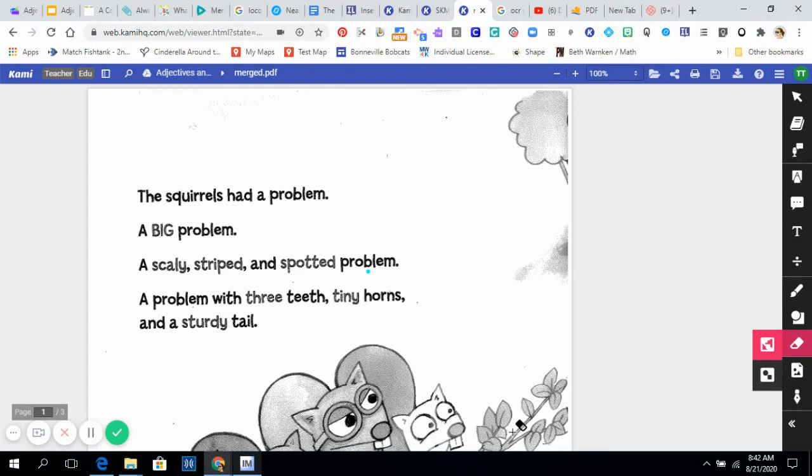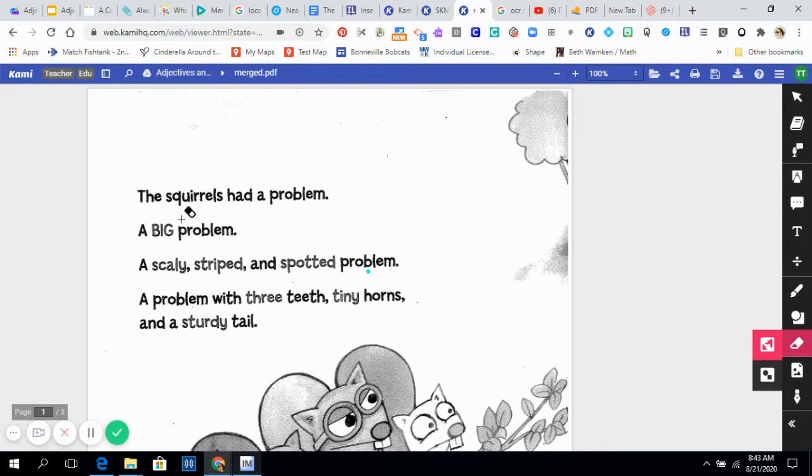Now I'm going to go back and reread this part, and I am going to be listening for describing words that will tell what something looks like, sounds like, tastes like, smells like, or feels, or it's going to tell more about the action. It's going to tell how the action happened, when, and where. So let's go back and read.